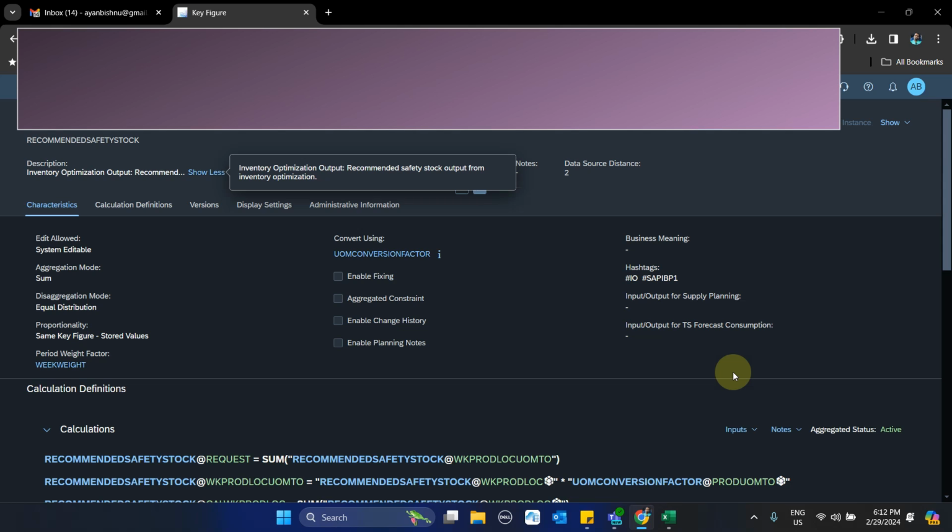So this is, at a high level, how inventory optimization is working.